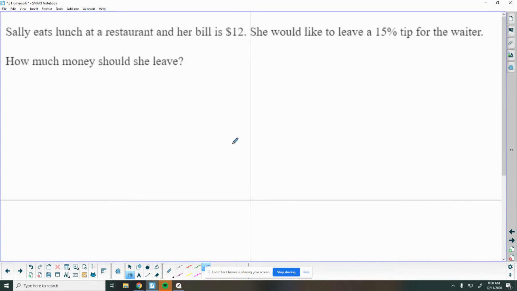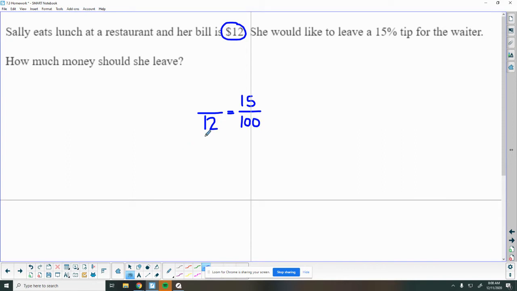Hey, number 3 says that Sally eats lunch at a restaurant and her bill is $12. So at the end, she paid $12. So I know that that's going to go on the bottom here. That's the total cost. She would like to leave a tip for 15% for the waiter. So we know if she does 15%, that's over 100.